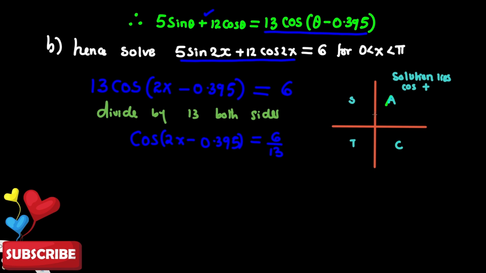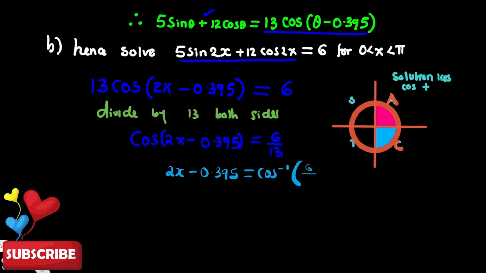Now, we have identified it's going to be in the first and the fourth quadrant, we can now go ahead and try to find that principal value of x, the first value of the angle, which is going to be actually finding the cos inverse of 6/13, which is going to give us 1.091.